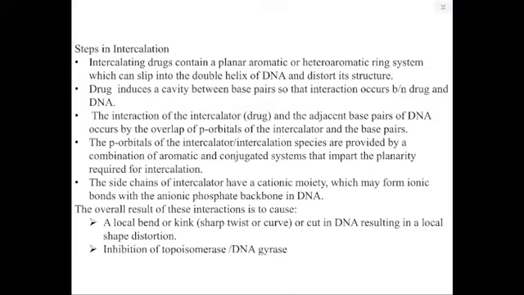So this drug comes in, there is a distortion in the DNA, and indeed, once there is a distortion, because this molecule has sat in, the normal separation of the double helix will not happen. Because of that intercalation, you can also have inhibition of topoisomerase enzyme or the DNA gyrase.